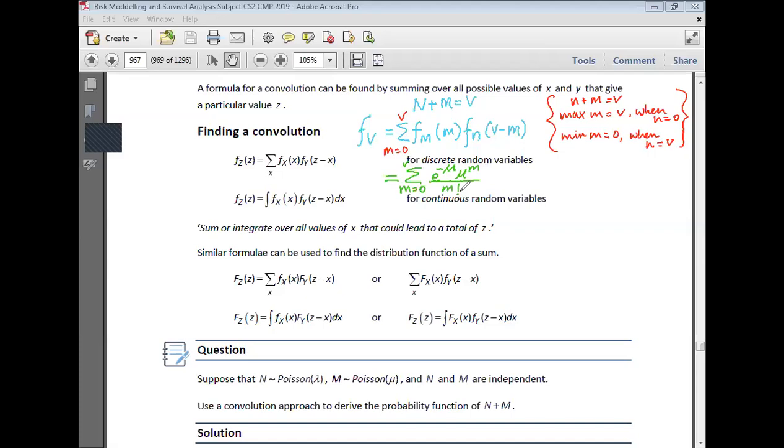Yes. So again, I would suggest do not look at the book and try to focus on what we are doing here. So what should I be writing next? e raised to minus lambda, lambda raised to n upon n factorial.